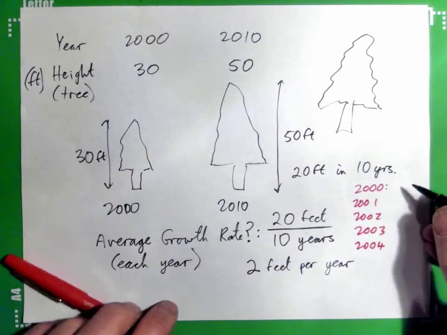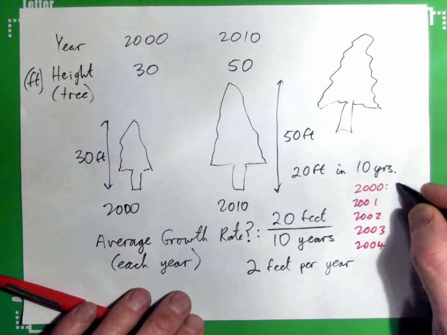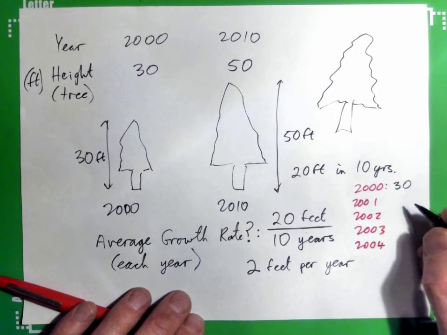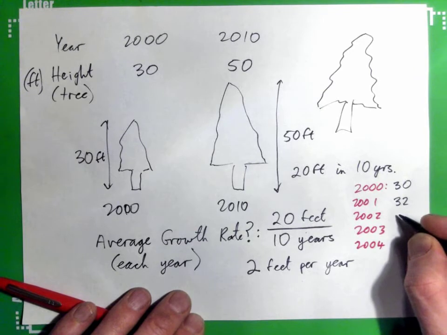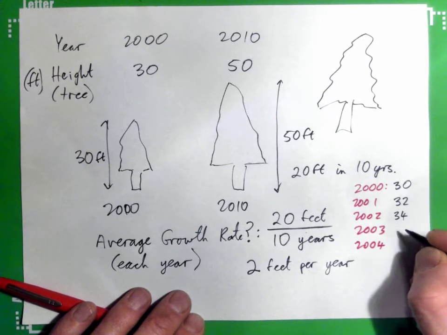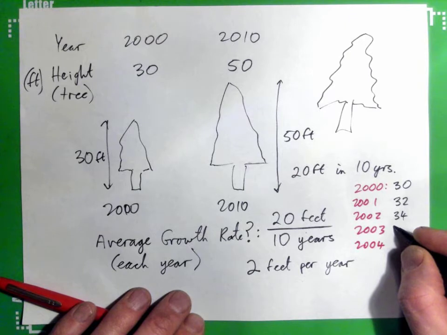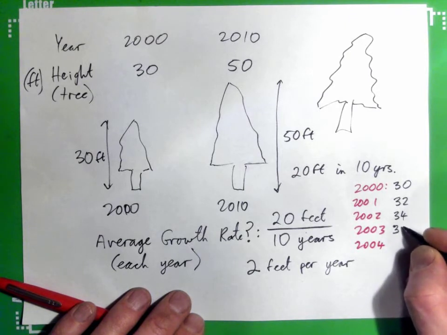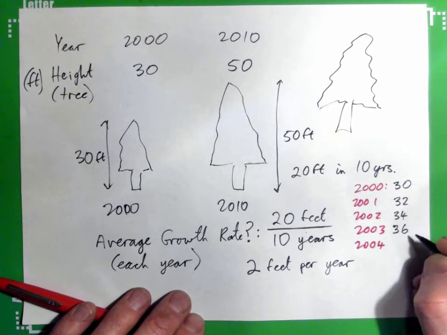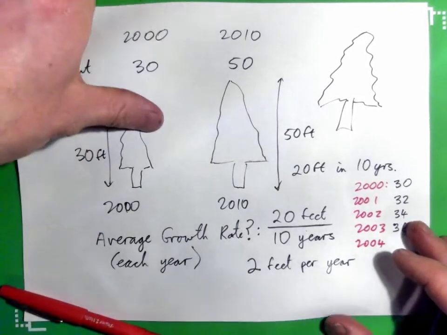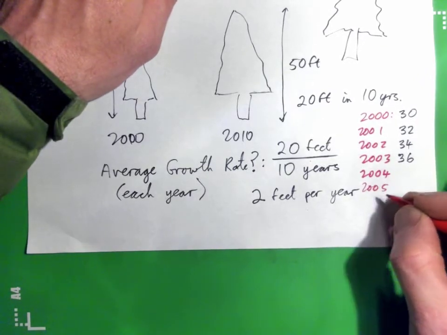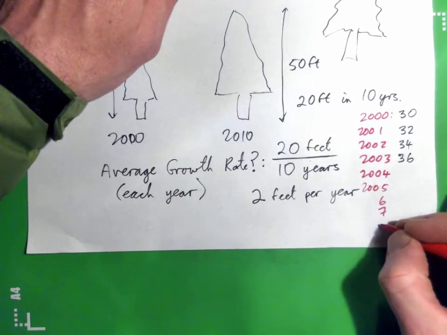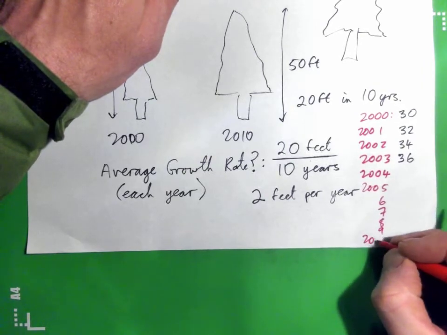The height in 2000 is what? 2002, 34. 2003. 5, 6, 7, 2008, 2009, and 2010.